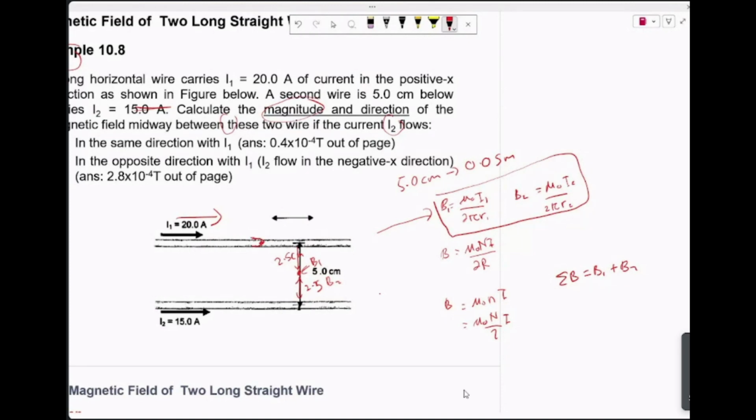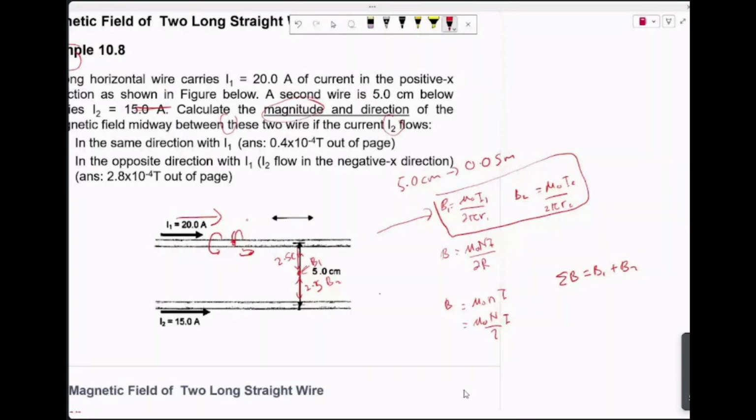The thumb points in the direction of the current. You try it like you're holding this wire. Your hand is at the back, your fingers will be in front, and you will see that the direction goes from there like this.